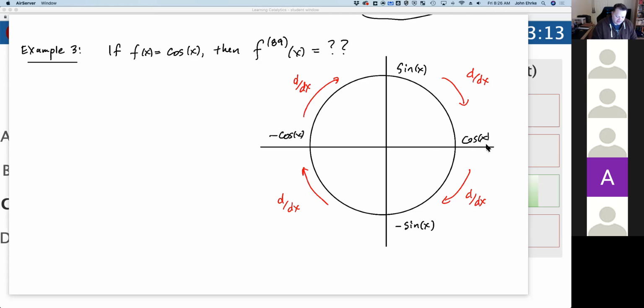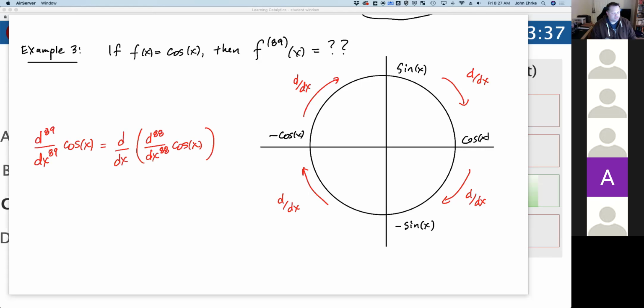So if I said, what is the 89th derivative of cosine, which is what this question is asking, well, that's the same thing as taking 88 derivatives and then having one more derivative after that. But the key part about 88 derivatives is 88 is a multiple of 4.